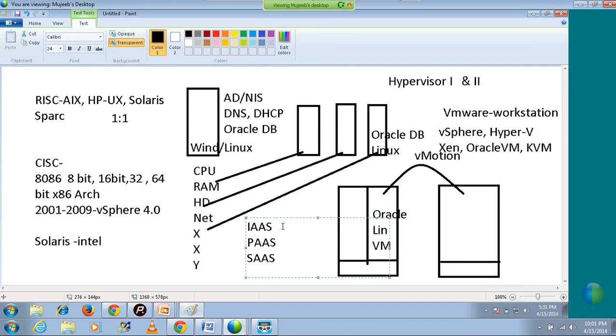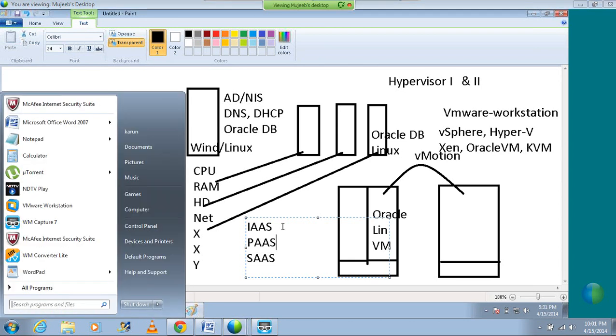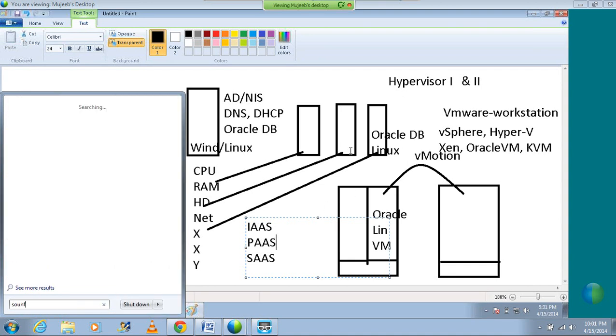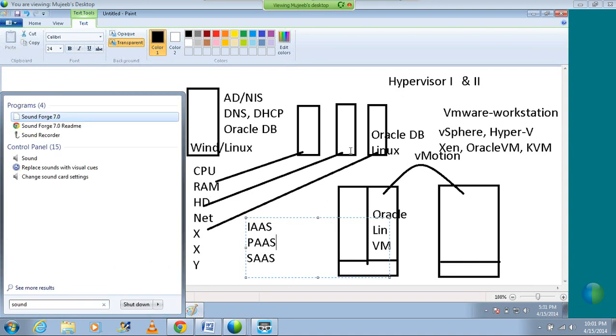The foundation is virtualization. Or if you ask me, 80% of the infrastructure configuration depends on virtualization. The rest is 20%, which is cloud computing software. And once you configure that, that will build a private or a public cloud for you. So this is about the introduction of virtualization and the basic ABCDs of virtualization.